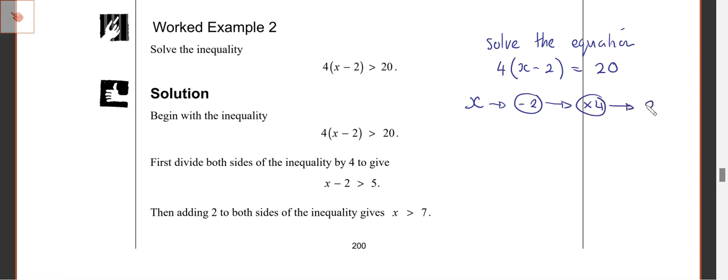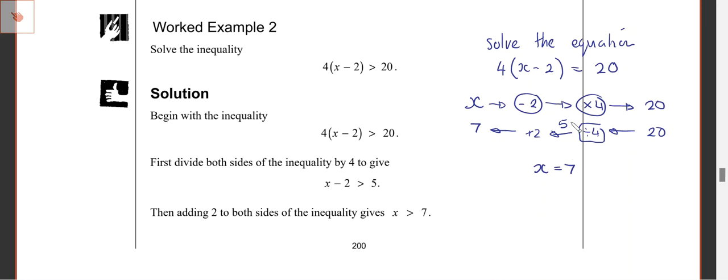You get the answer 20. So we do 20 divided by 4, add 2. So 20 divided by 4 is 5. 5 plus 2 is 7. So solving the equation, we would say x equals 7.